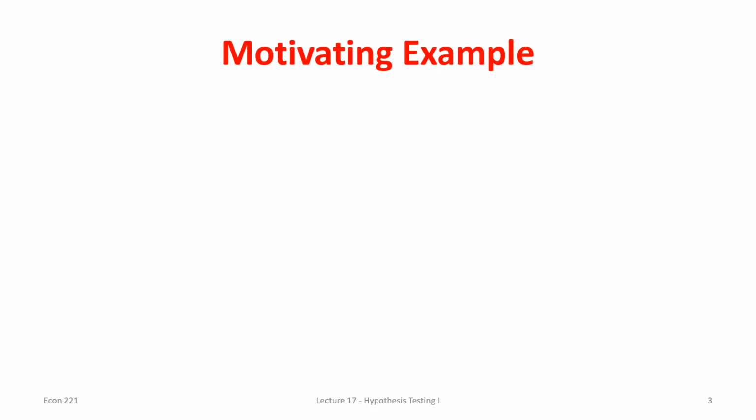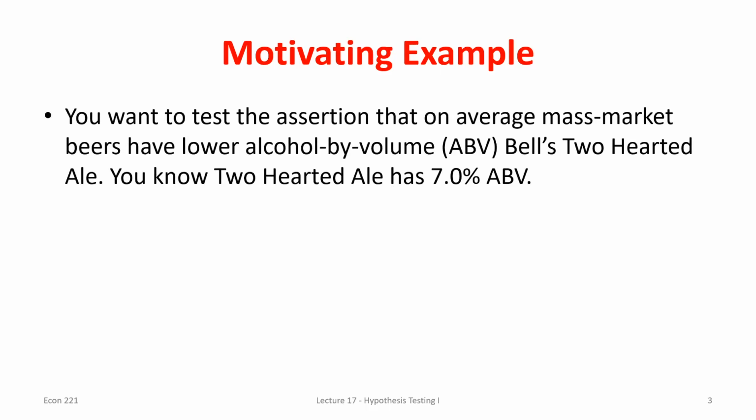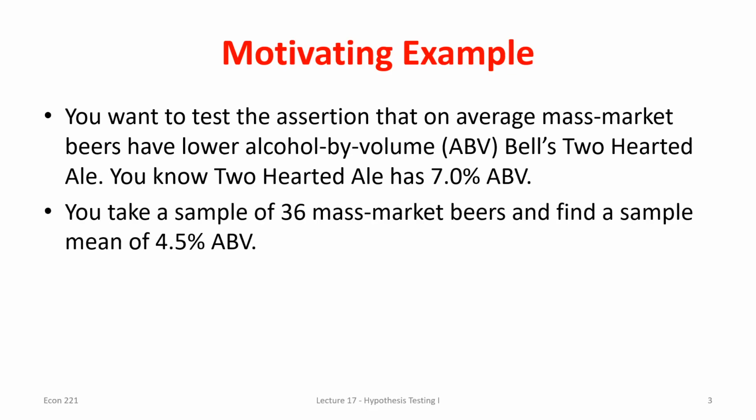I'm going to use a motivating example as we talk through the null and alternative and the steps of hypothesis testing. Let's say we want to test the statement that the average mass market beer has a lower ABV than Bell's Two Hearted, which has a 7% ABV. We take a sample of 36 and we see that of those 36 mass market beers, the average is 4.5%.